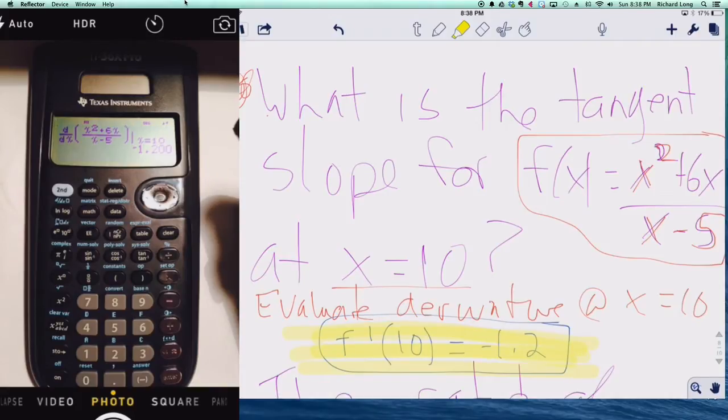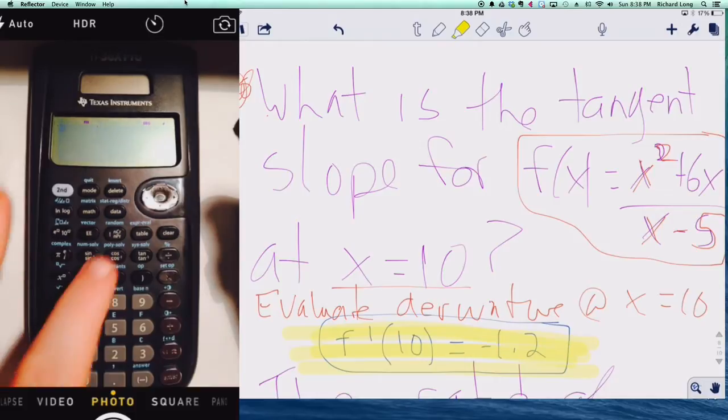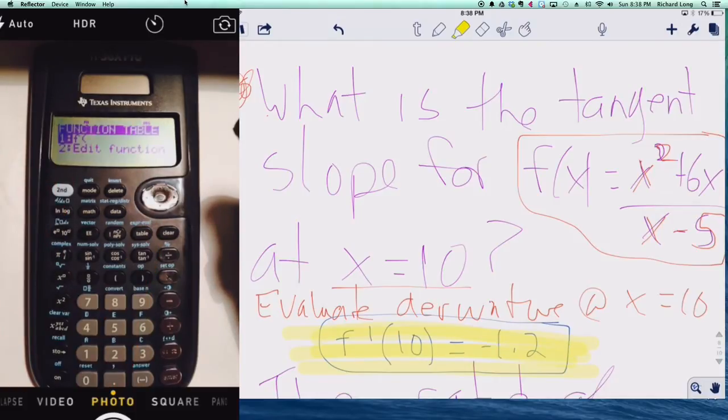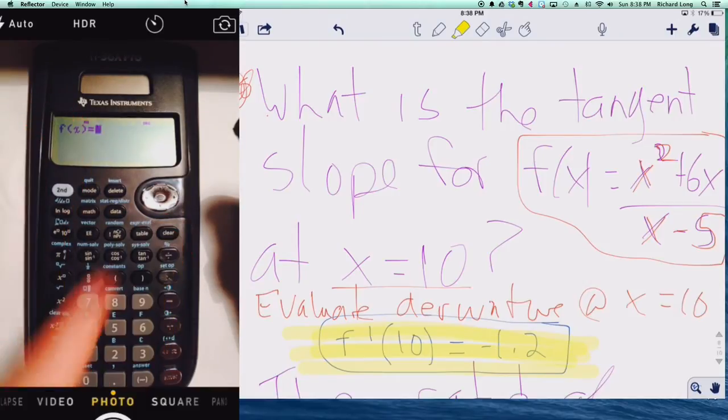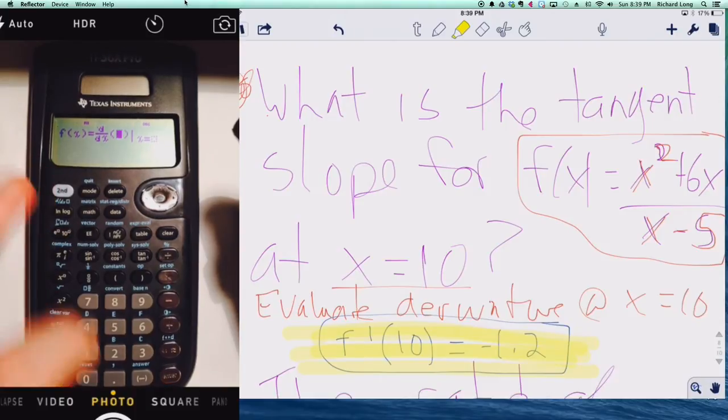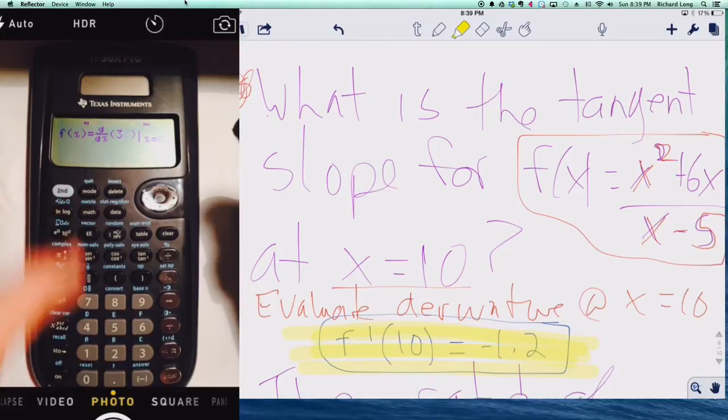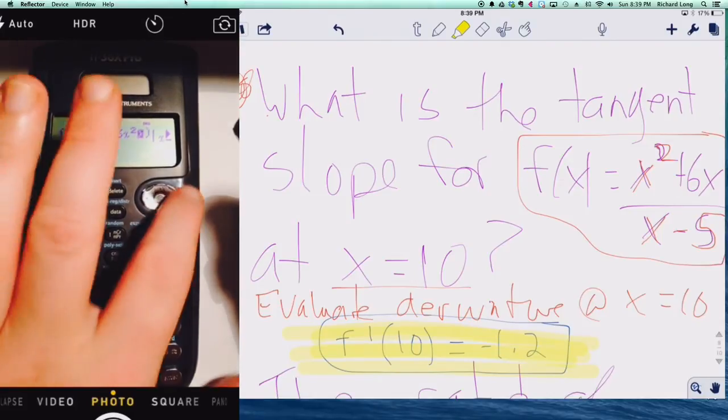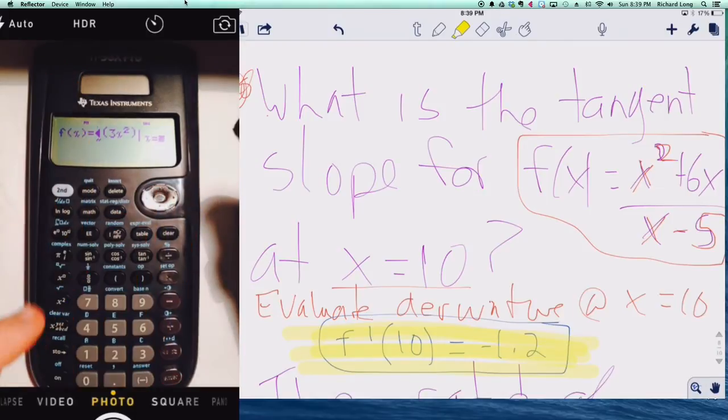Now there are other ways to do this. If I go into the table feature, I can actually create a function that gives me the derivative. So I can type in d by dx of, I'll just do 3x squared, for x equals all x.